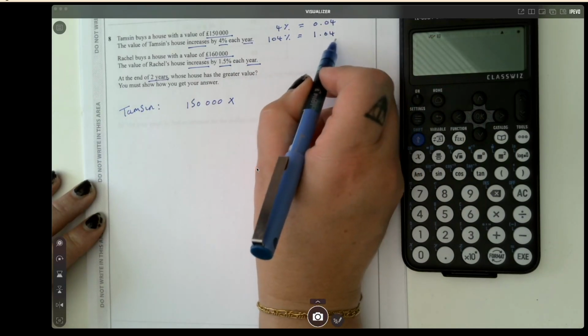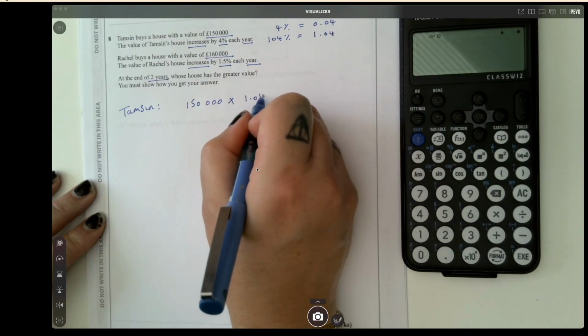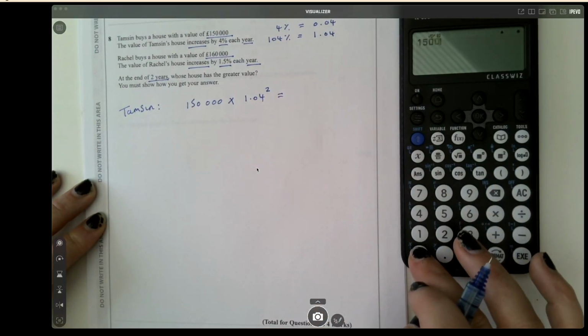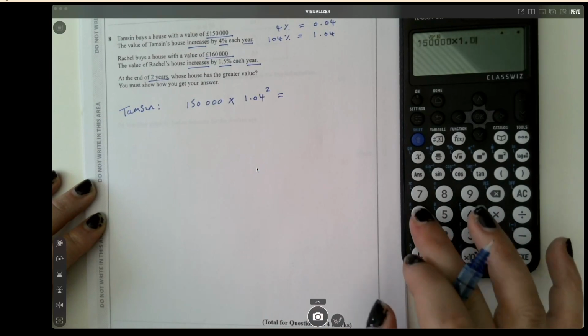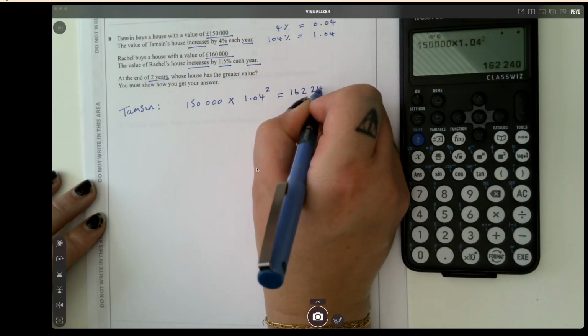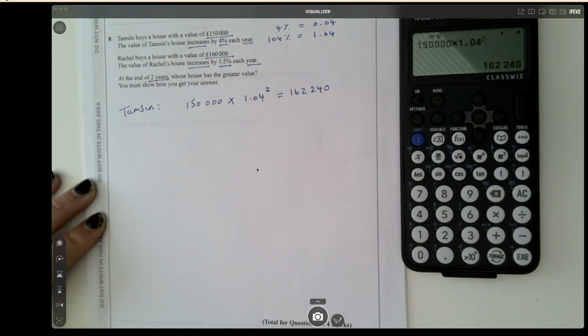So our multiplier is going to be 1.04 to the power of 2 for 2 years. So let's pop that in our calculator. So that's £163,240 at the end of 2 years for Tamsin.